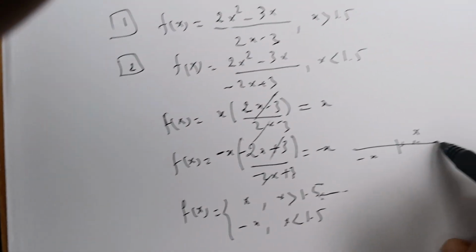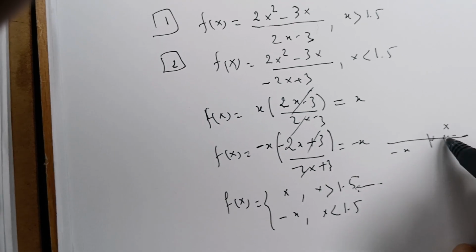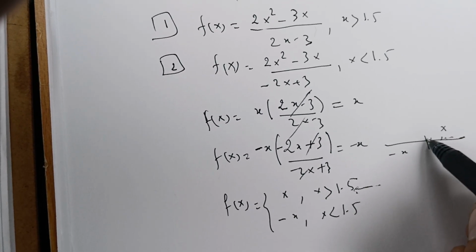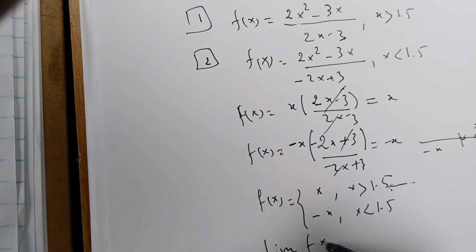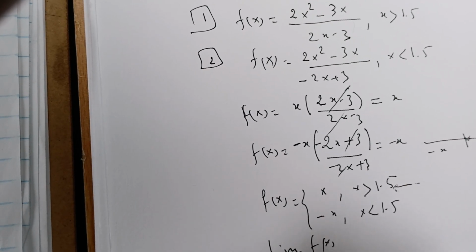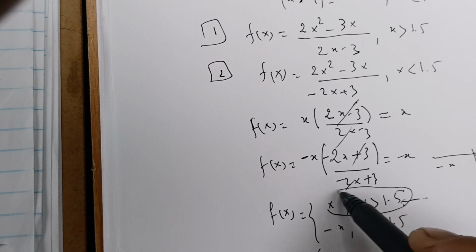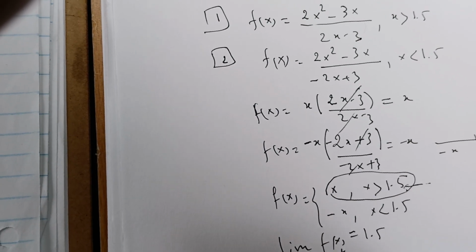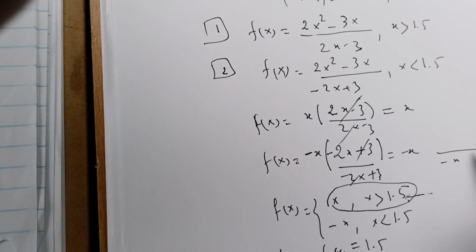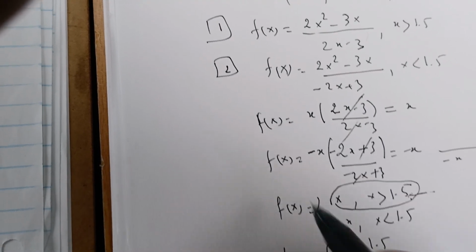So when x is bigger than 1.5, we can think of the limit as from the right. We get x to 1.5 from the right. So here we have the limit of f of x as x goes to 1.5 from the right. So we use this function. That means the limit is just 1.5, as we get closer and closer to x, which is 1.5 in this case.